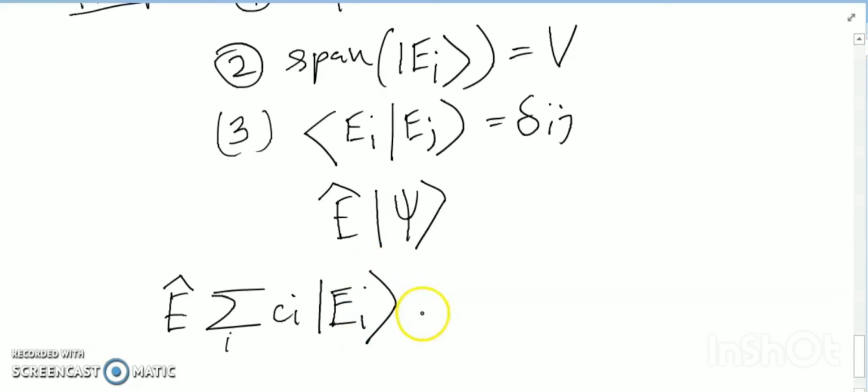So we can expand our quantum state in the eigenbasis and move the operator into the sum. So just move the operator.